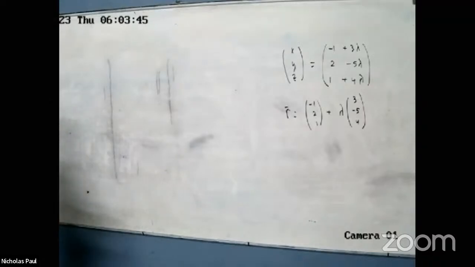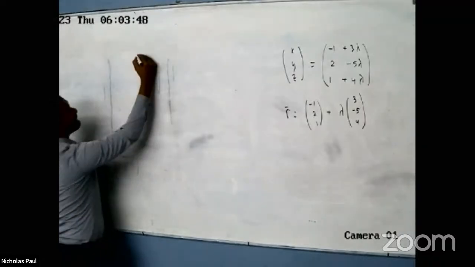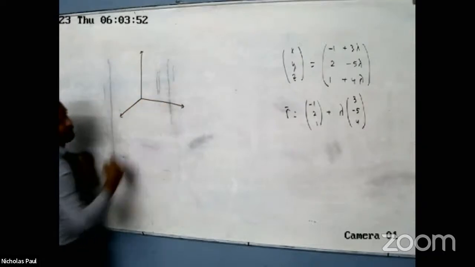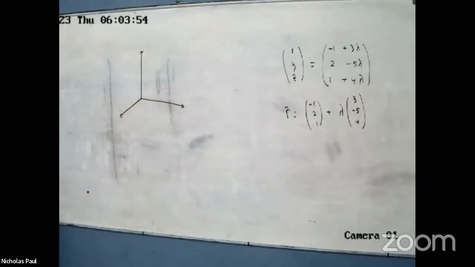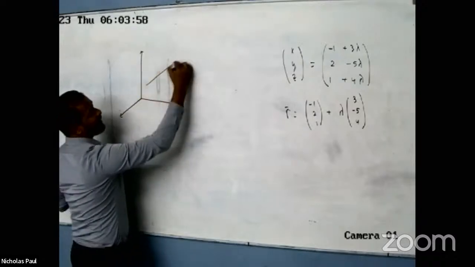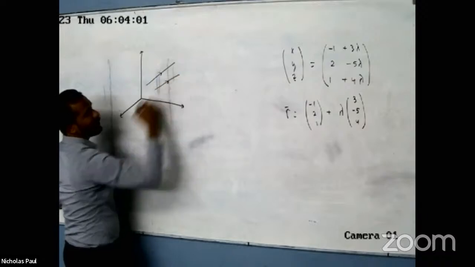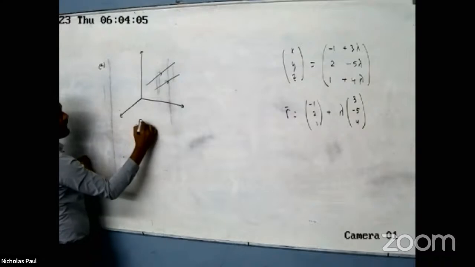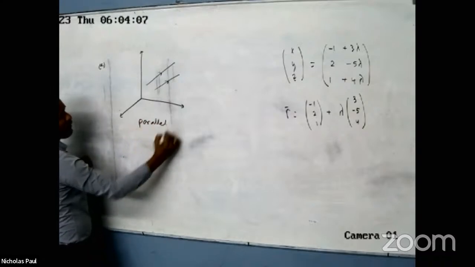I'll try to draw it here for you in a diagram. So remember, everything is 3-dimensional. The first thing that we can identify about lines is if the lines are parallel.